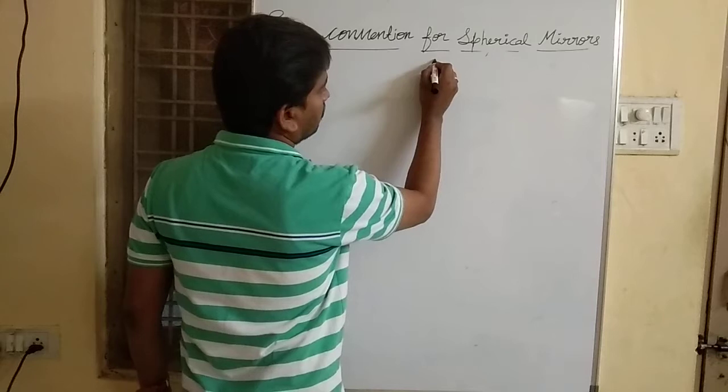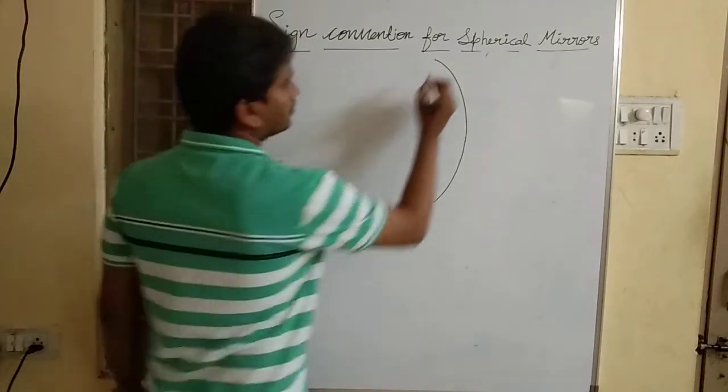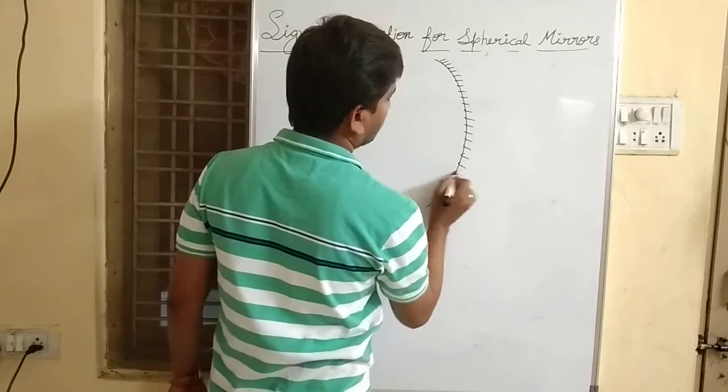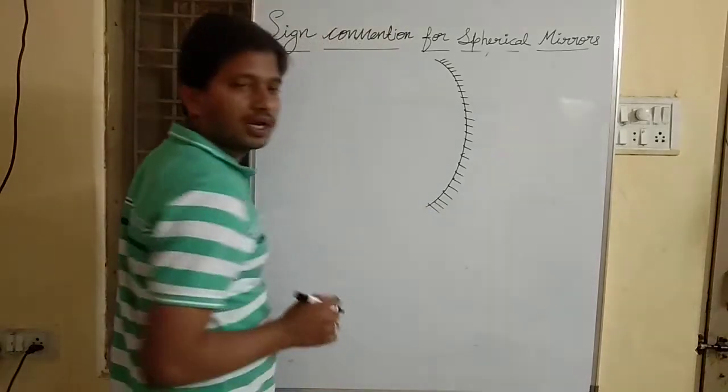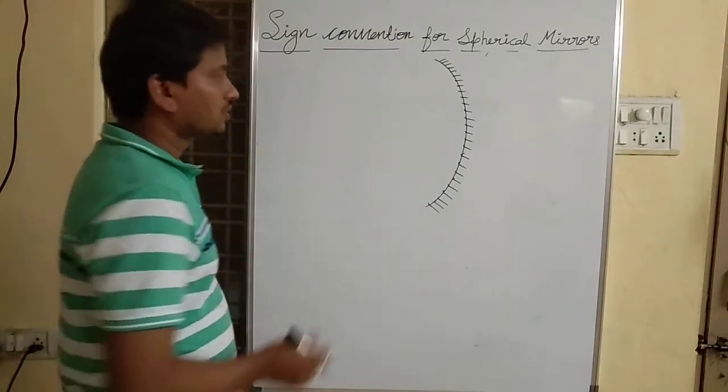See here, this is our mirror, a spherical mirror. It can be either a concave mirror or a convex mirror, whatever it may be.